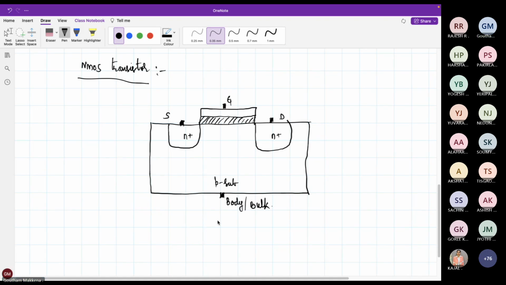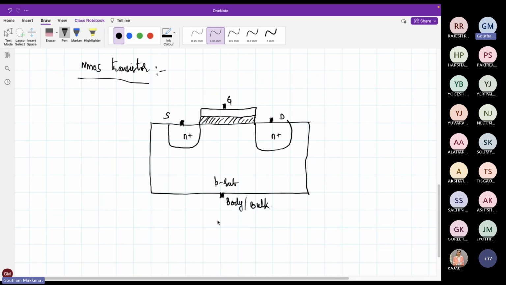So you can think of the MOSFET. It is a very simplistic explanation that I am trying to give. If you want me to follow the exact physics, whatever explanation I give now won't make much sense.